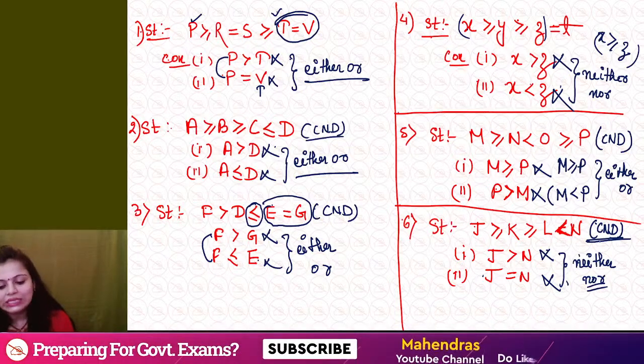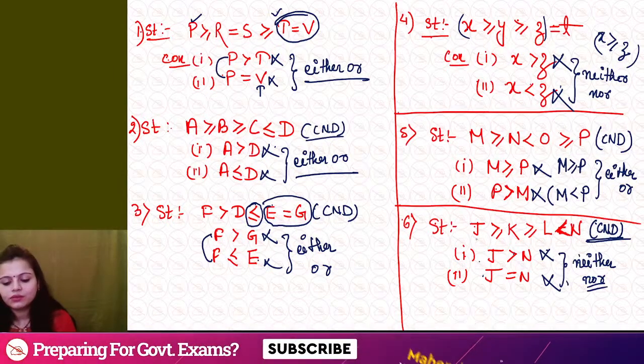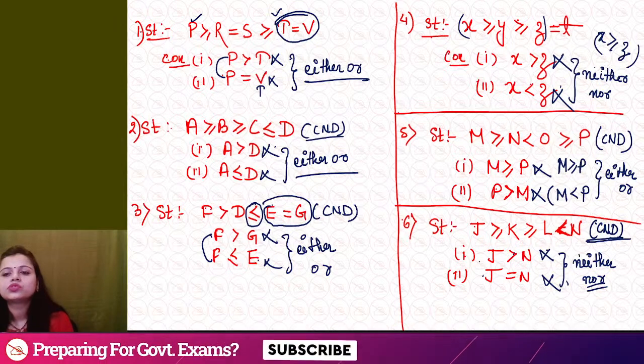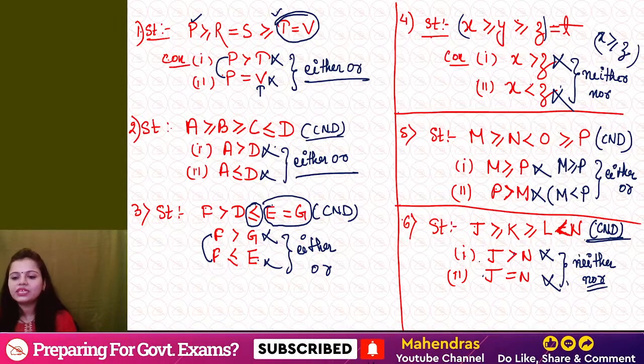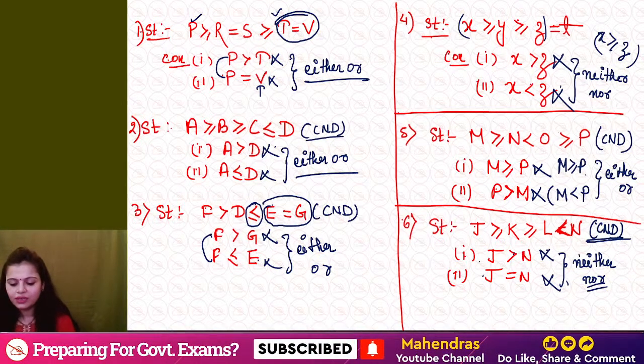So neither nor, in some cases you're getting neither nor, in some cases you're getting either or. Okay, I think the portion is clear now.